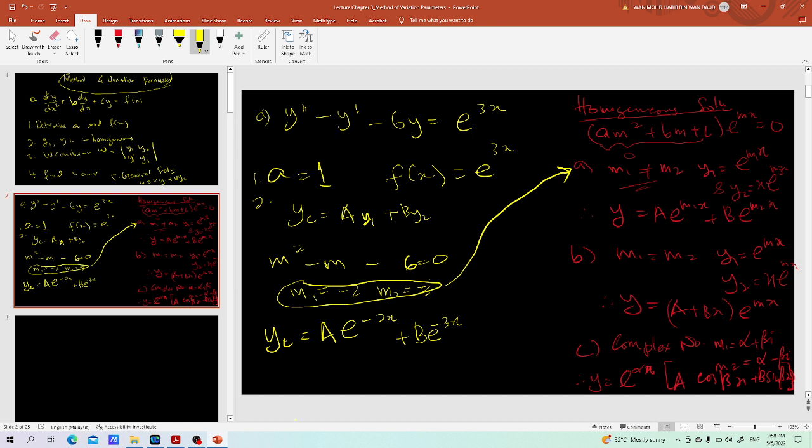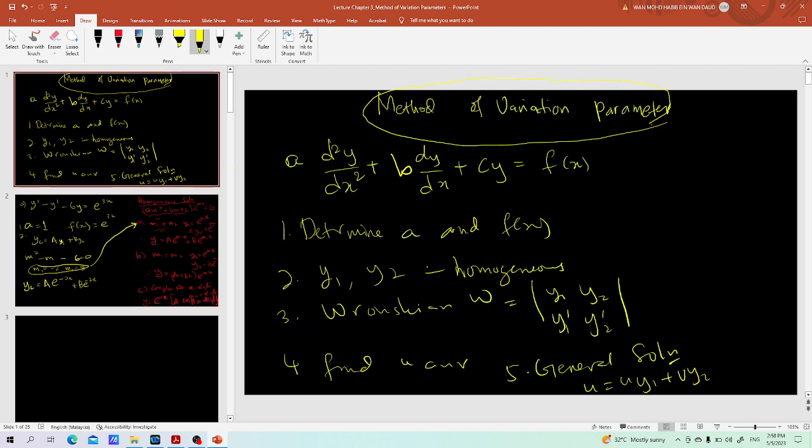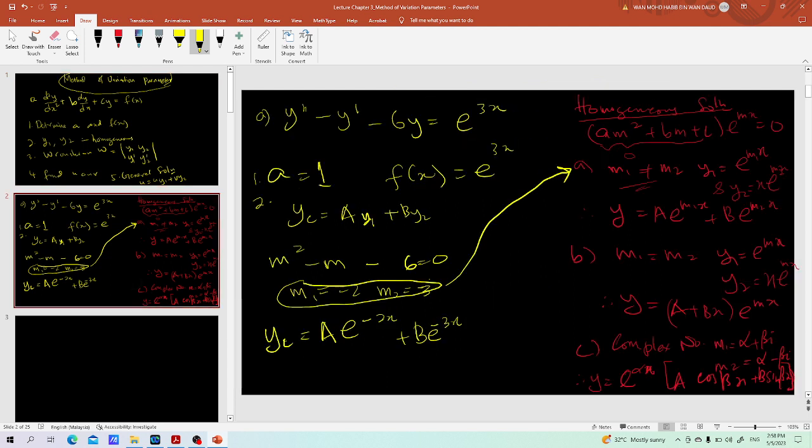And then we need to find y1 equals e -2x, y2 equals e 3x.